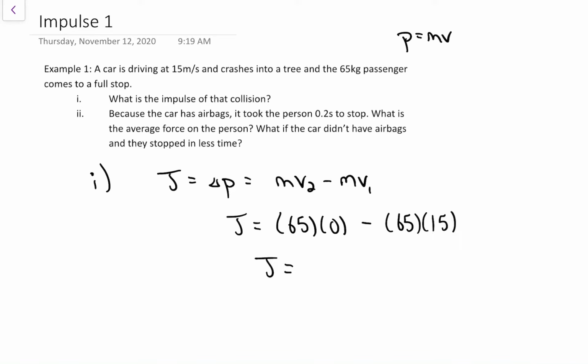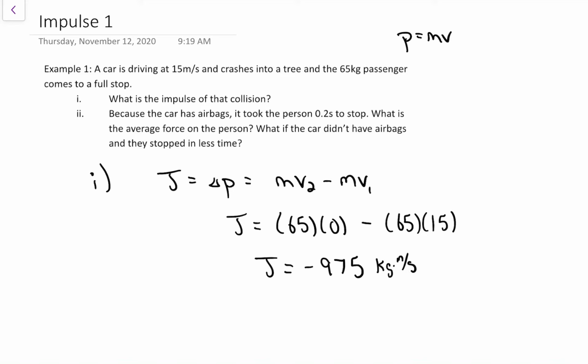Multiplying that out, we get a momentum of 975. It's going to be negative because it's kind of backwards compared to the 15. All these things are vectors. It's got funny units. Because we found it based on momentum, its units are going to be kilograms times meters per second. If we worked in the industry of studying car crashes, that 975, the fact that it's that big might have some significance.